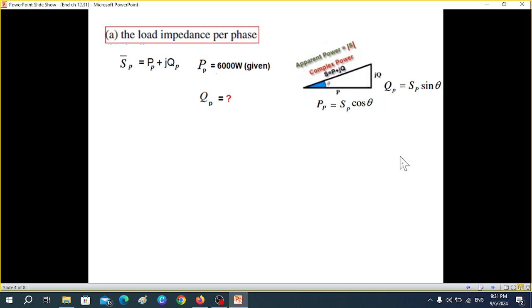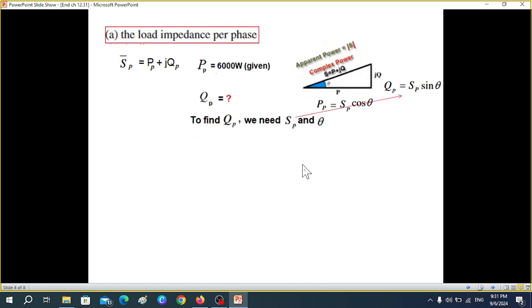I hope you remember the formula for sine and cosine: base divided by hypotenuse, and perpendicular divided by hypotenuse. Okay, now from here, we need to find SP because both the terms are given, we will find SP, and using SP in this, we'll find QP.